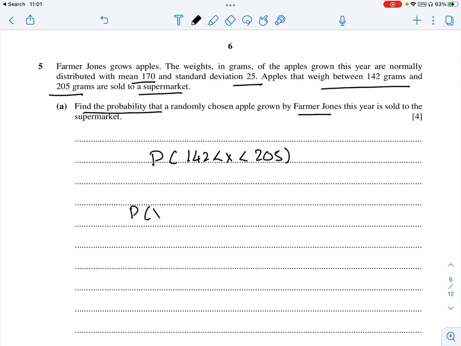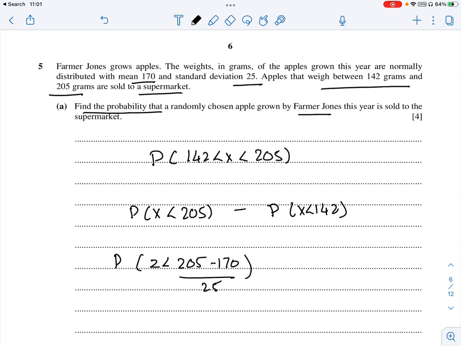So always the larger one minus the smaller: probability of X less than 205 minus probability of X less than 142. So probability of Z less than (205 minus 170) divided by 25, minus probability of Z less than (142 minus 170) divided by 25.